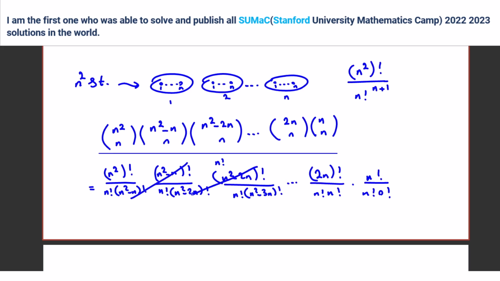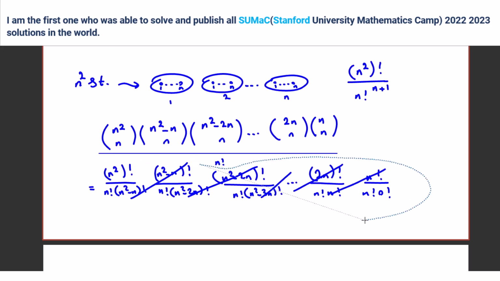So you can see that we can cancel terms like these. In the numerator is n squared factorial, and in the denominator we have n factorials, and also we have 1 over n factorial for the denominator here, right? Mm-hmm.